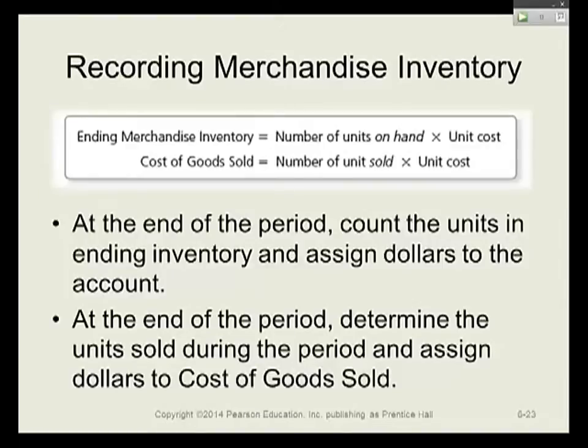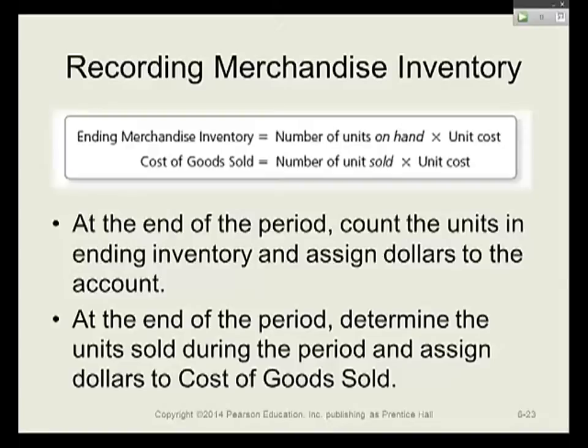So if you look at the calculation, we're going to now be looking at unit cost and the number of units on hand and the number of units sold and the cost of goods sold. If you go back to that first illustration I did for you a few minutes ago, you'll notice that the unit cost, although you won't be getting into it in this course, would be affected by things like freight.